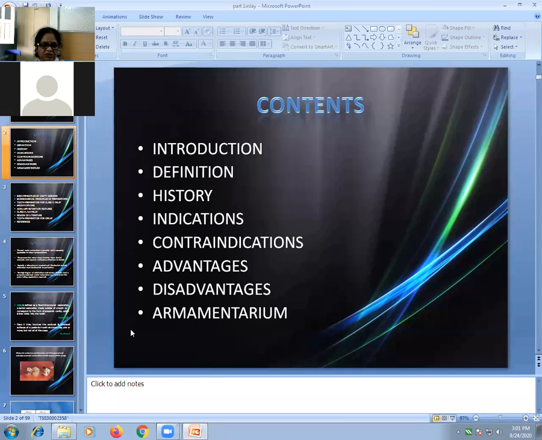So you have to give a certain design to the cavity to withstand that restoration within the cavity. What are the features given? What are the principles followed? That we are going to see in detail today.